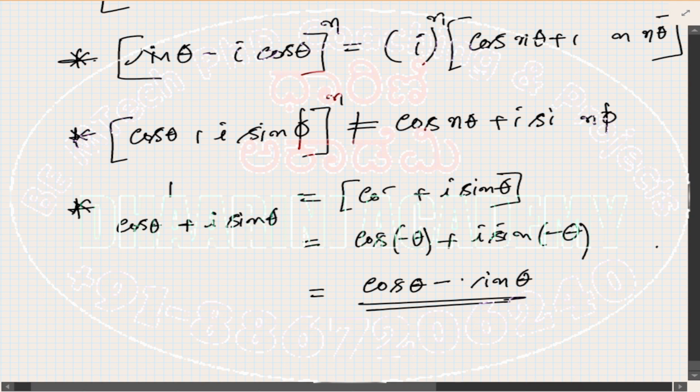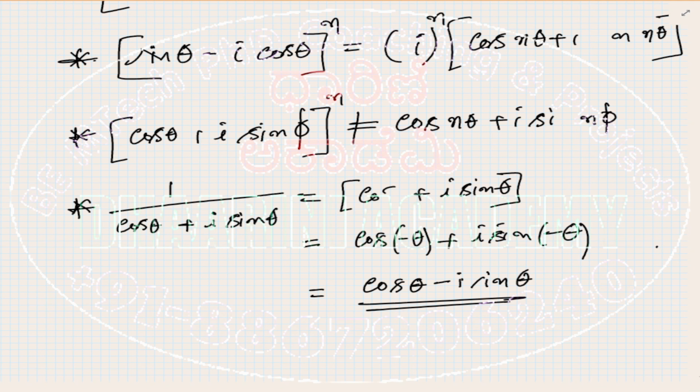So cos theta minus I times sine theta is the required format of 1 divided by (cos theta plus I sine theta).